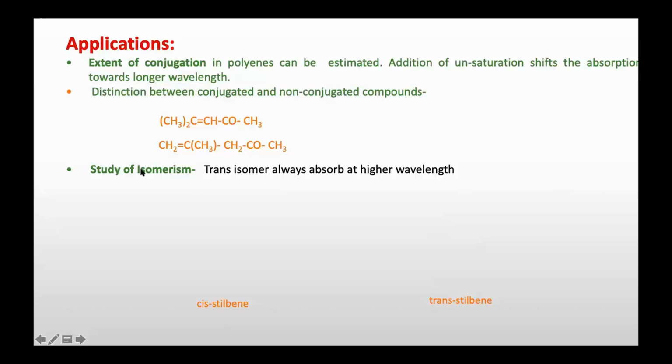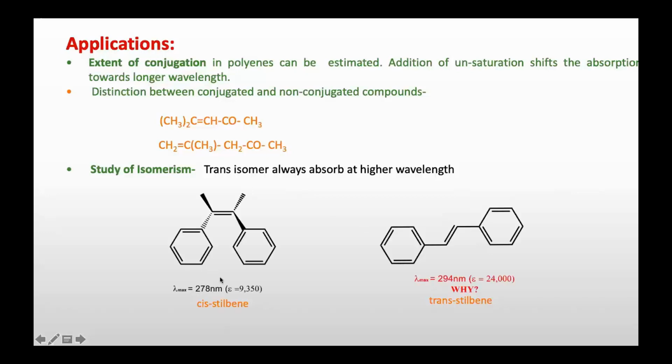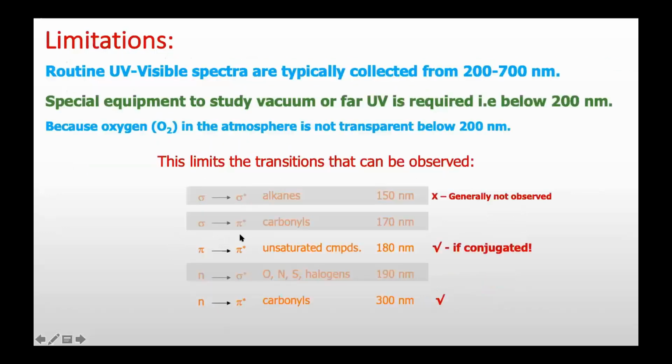Second, it is useful to study isomerism in molecules because the trans isomer always absorbs at a higher wavelength than the cis isomer. This is the cis isomer and this is the trans isomer, and this has lambda max at 278, this has 294. So we can easily find which one is the trans isomer and which one is the cis isomer using UV spectrometer.